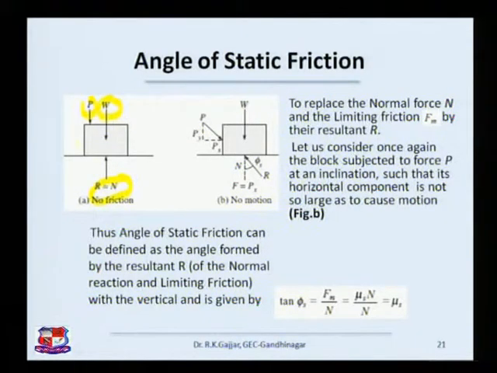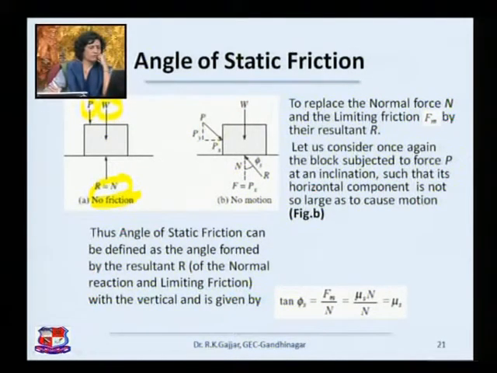There is no impending motion, there is no external force which is trying to move the body, and therefore there is no friction. Here comes one force which is trying to move the body. We do not know whether motion is going to occur or not. We assume that so far no motion has occurred, but the moment this force F comes into the picture, because there is no motion, we assume that F is equal to Px.